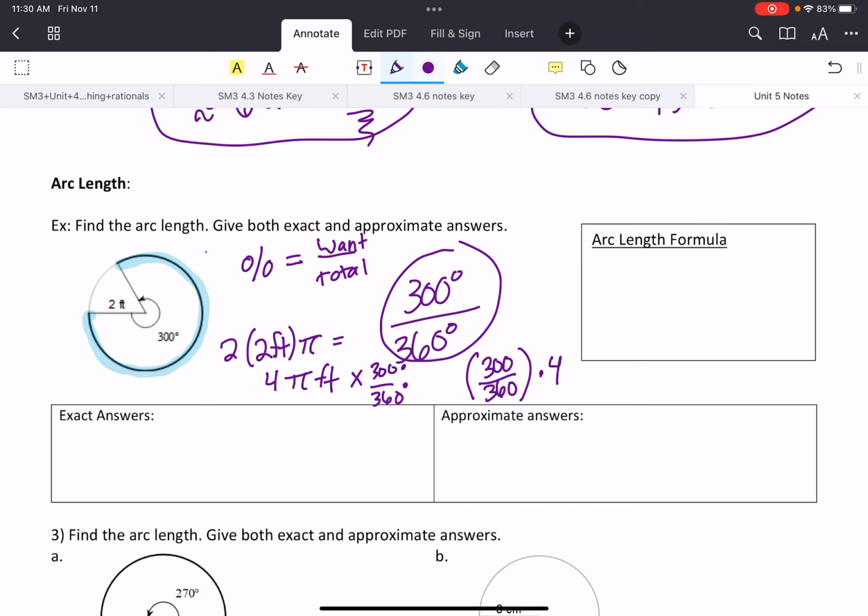Keep the 300 over 360 in the parentheses and tell me what you get. What did you get? 10 over 3. I don't think so. I think that's what we got last time.